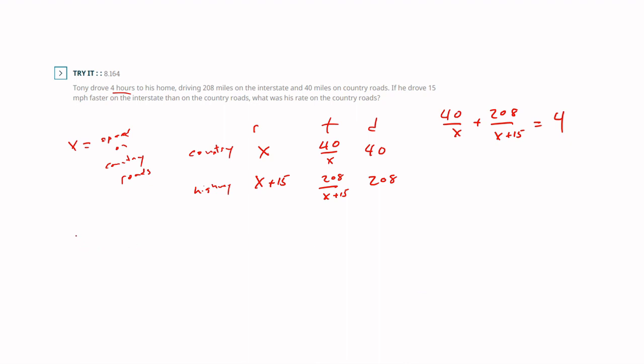So I should have done this a little better here. So I've got 40. This one is going to need x plus 15. This one is going to need an x. This one is going to need them both.